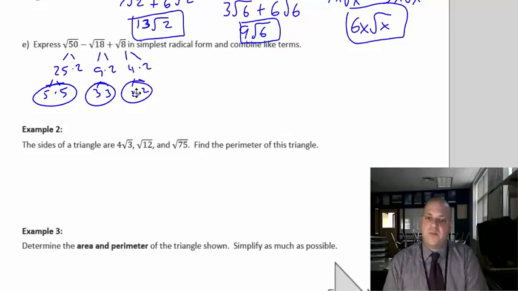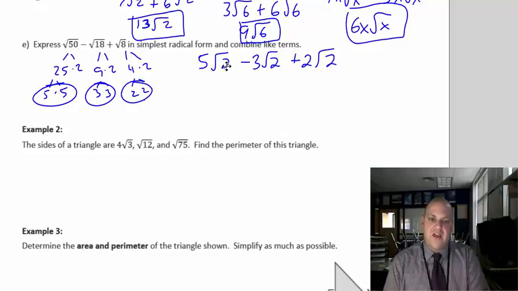So what does this mean here? Well, I take out a 5, I have a 2 left over, so that's 5 radical 2. I take out a 3, 2 left over, minus 3 radical 2. I take out a 2, 2 left over, plus 2 radical 2.